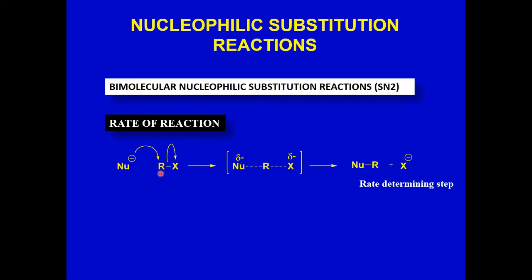So the rate of reaction will obviously be affected by the concentration of both alkyl halide and the nucleophile. If we convert this proportionality into an equation, the rate equation becomes rate equals k times the concentration of alkyl halide times the concentration of the nucleophile. This equation clearly shows that the rate is dependent upon both alkyl halide and the nucleophile.